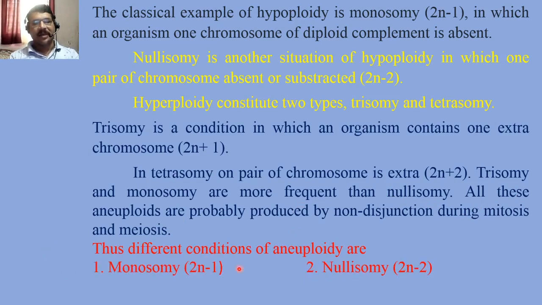These are two types of hypoploidy, when one or two chromosomes get subtracted. When one chromosome gets subtracted, it is known as monosomy, and when a complete pair of chromosomes gets subtracted, it is known as nullisomy. Here is the pair of hyperploidy in which one or two chromosomes get added. In trisomy one chromosome gets added, and when two homologous chromosomes get added, it is known as tetrasomy.